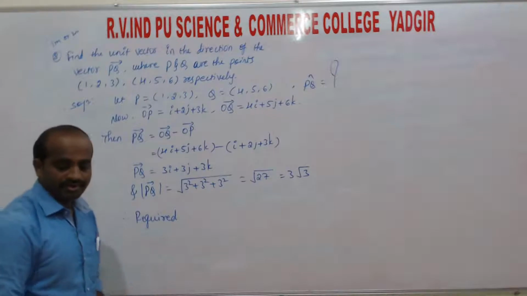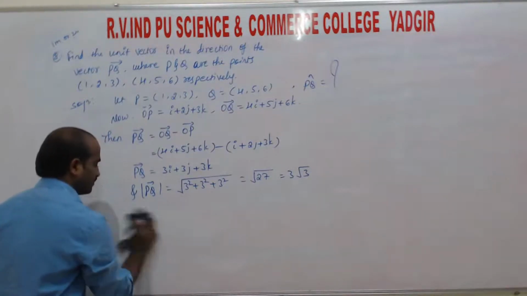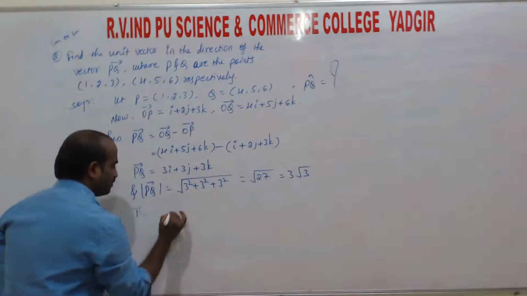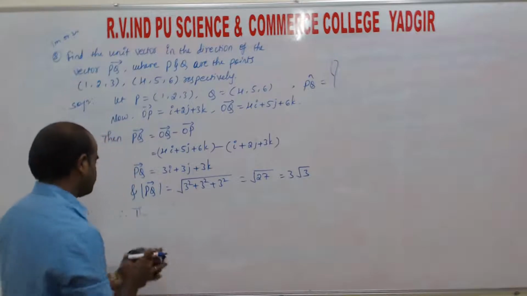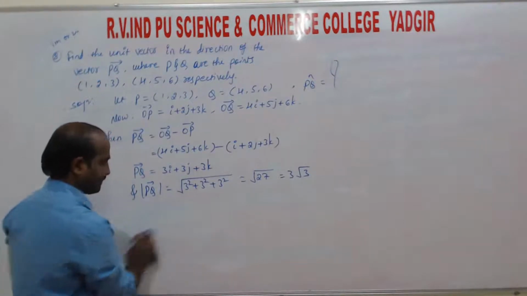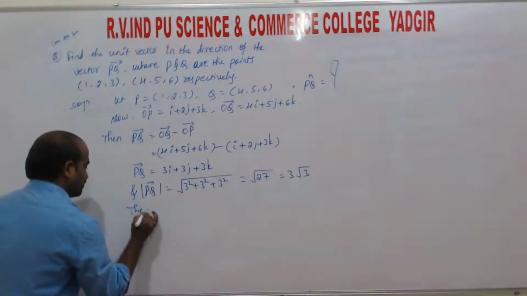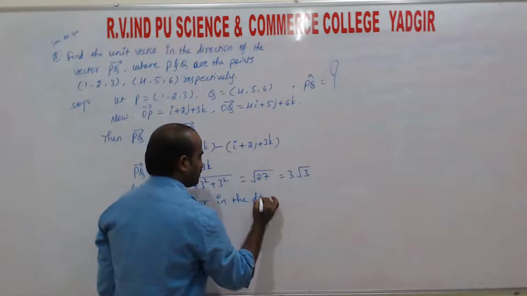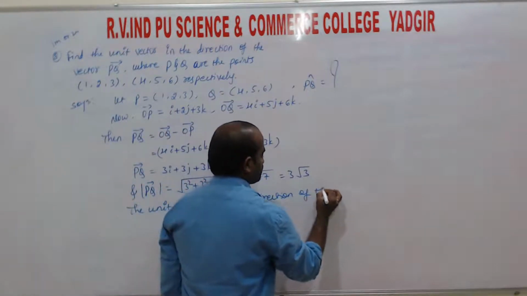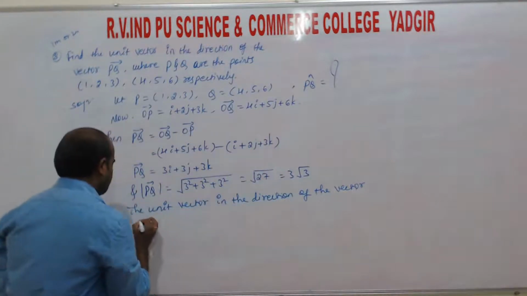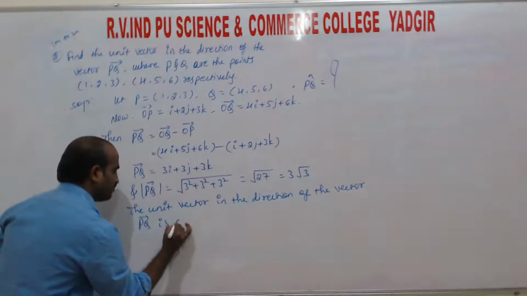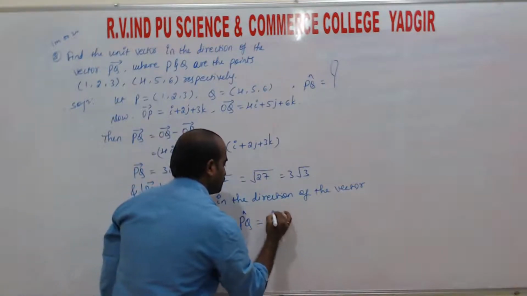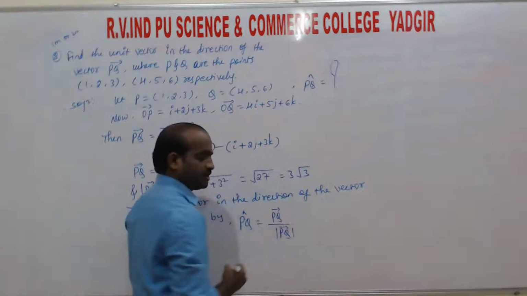Therefore, the unit vector in the direction of the vector PQ is given by PQ cap equal to PQ vector divided by magnitude of PQ vector.